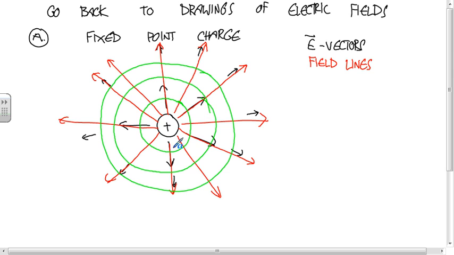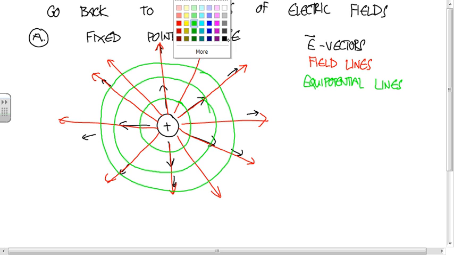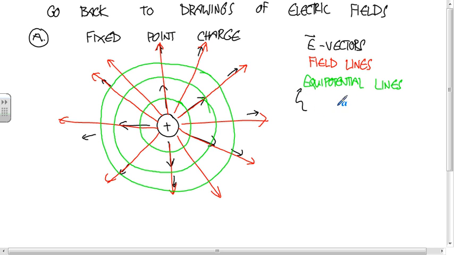You get these closed curves where as long as you stay on one of these curves, the electric potential is constant. And so those are called equipotential lines. The potential is equal. So that means that the electric potential is constant on each one.